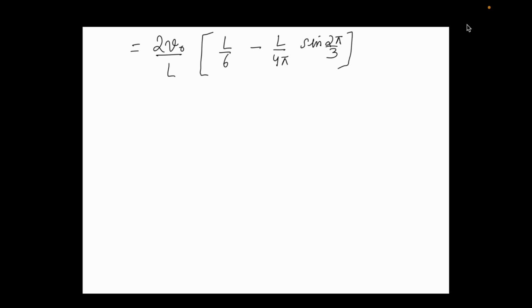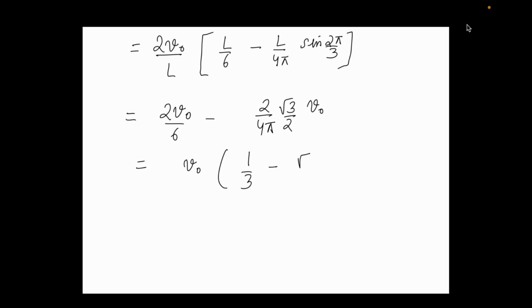Now that value is 2 V naught by 6 minus 2 by 4 pi into root 3 by 2 times V naught, which is V naught times (1 by 3 minus root 3 by 4 pi).